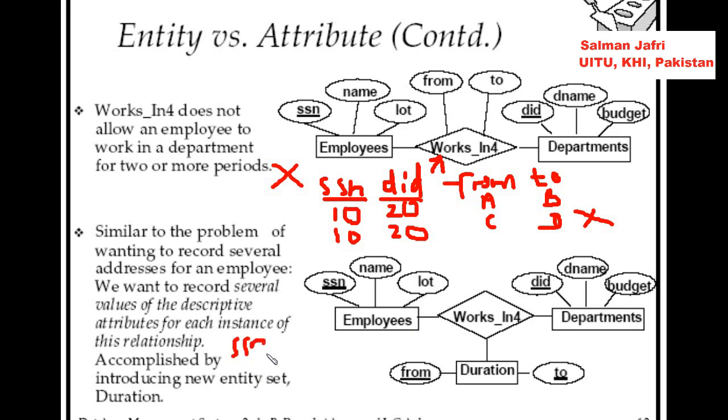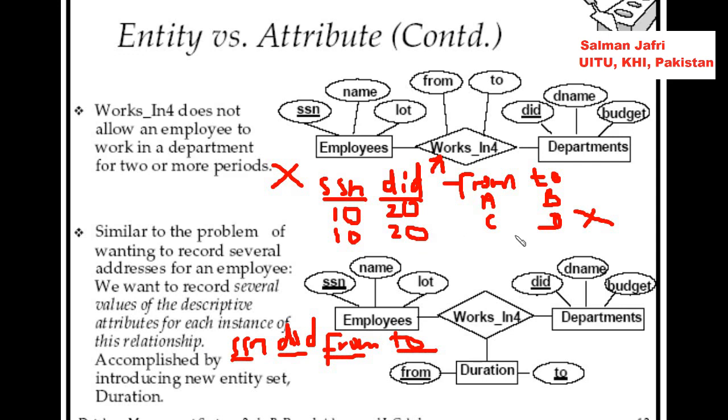SSN, DID, from, to. But the difference would be now all these 4 would be underlined, meaning now in the works in 4 relationship, the combination of these 4 has to be unique.